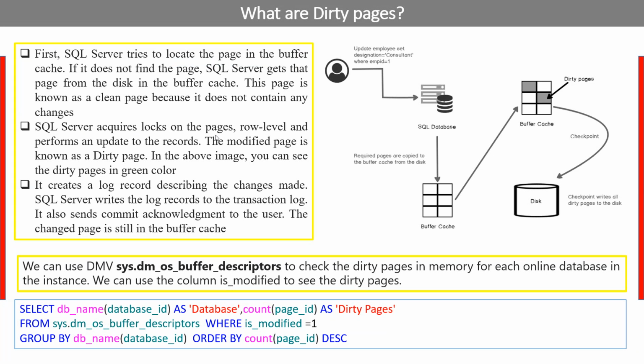SQL Server acquires a lock on the page and row level when performing any update to the records. That means when it starts inserting, updating or deleting data over the pages in the buffer, it will acquire the lock. That lock technically we call a latch. A lock is something different, a latch is something different.